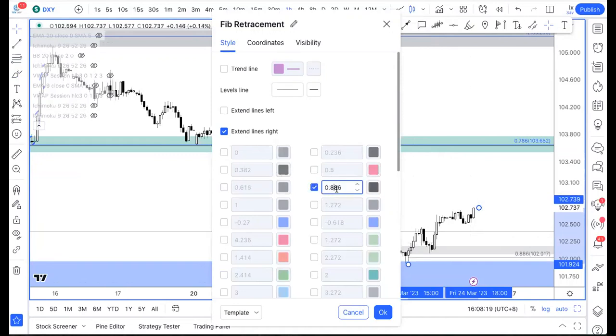Okay, so you can see the 78.6, one of the retracement levels. 61.8, 78.6, those are the levels that I look at. You can see that the 78.6 level lines up very nicely with this zone. So this is the area.